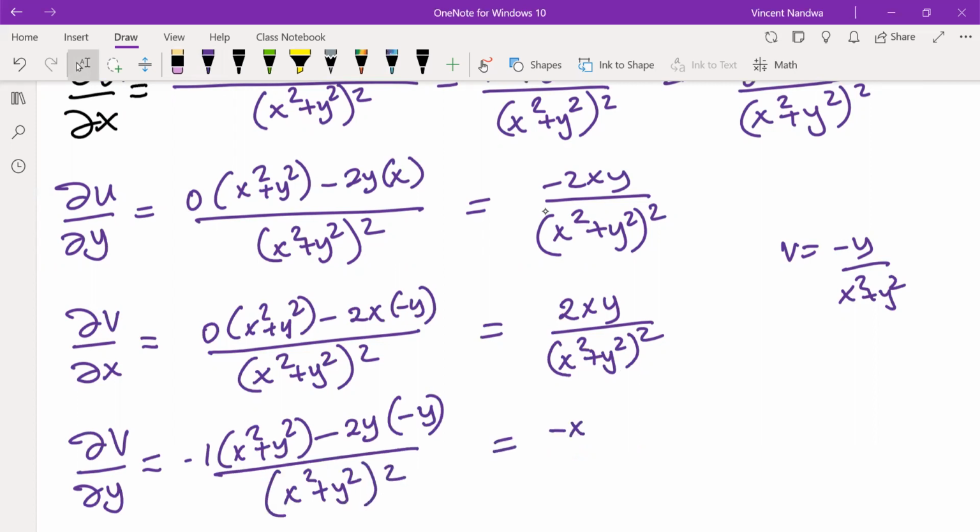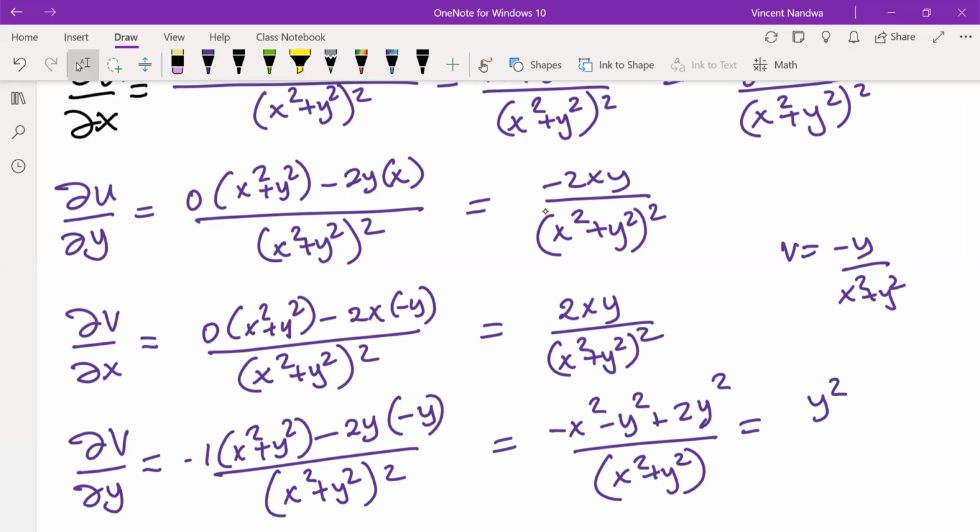We have negative x squared, negative y squared plus 2y squared over x squared plus y squared, squared. This will give us y squared minus x squared over x squared plus y squared, squared.